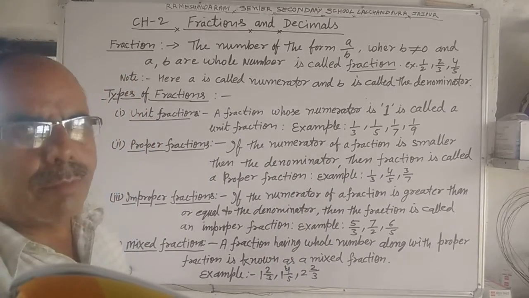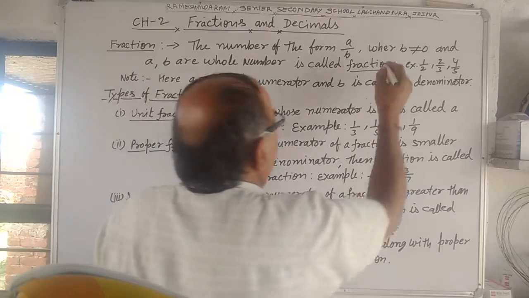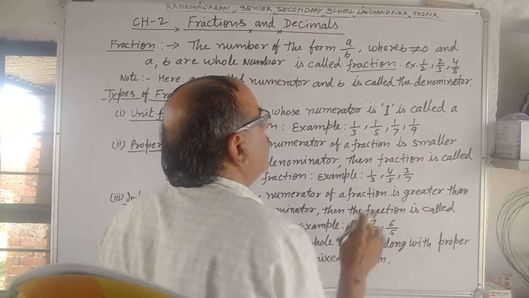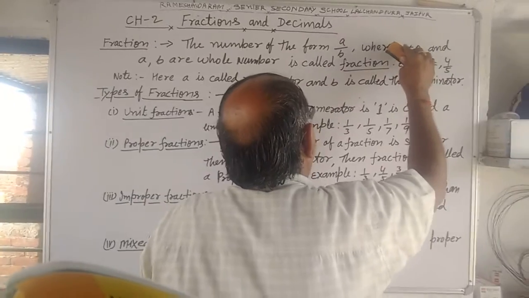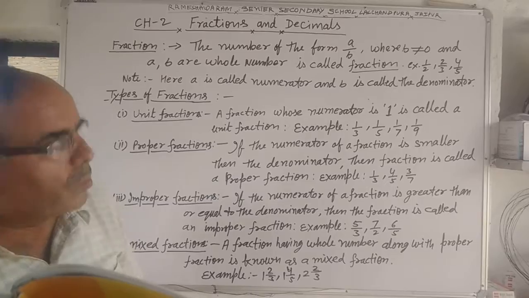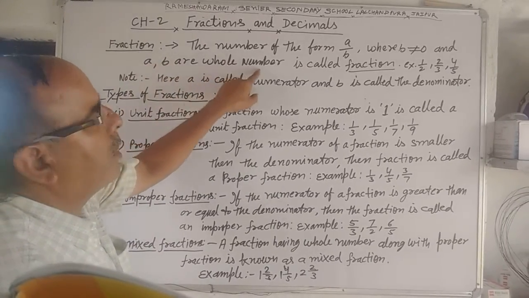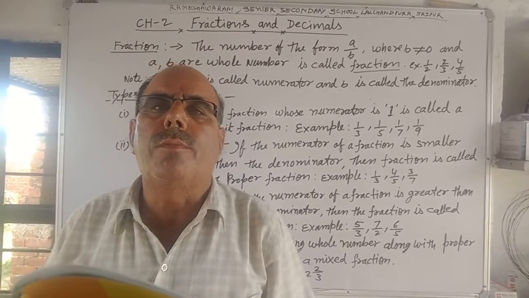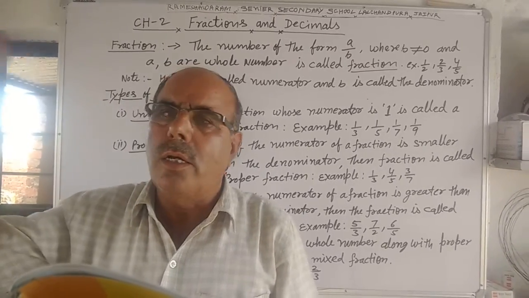We write the numbers in the form a upon b, where b is not equal to 0, and a and b are whole numbers. Whole numbers start from 0 and go on 1, 2, 3, 4, 5 and to infinity.